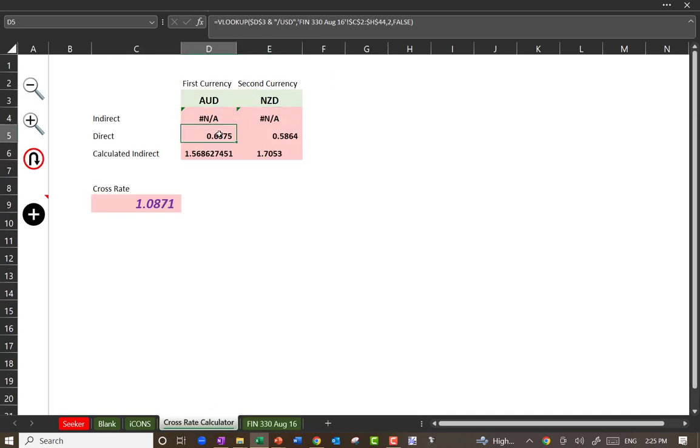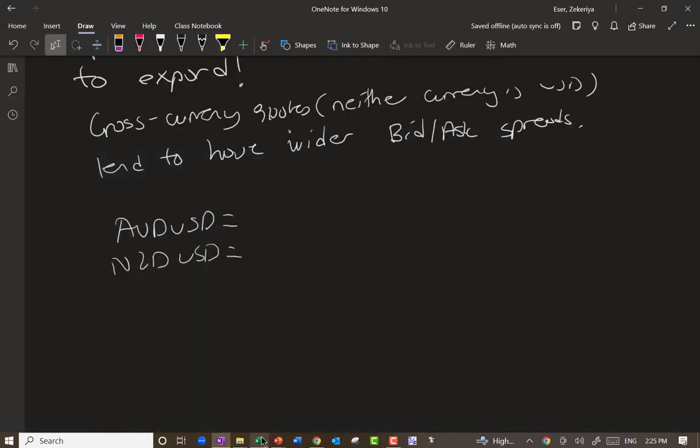I have those rates, 63.75 and 58.64. And I want the value of 1 Australian dollar in New Zealand dollars.